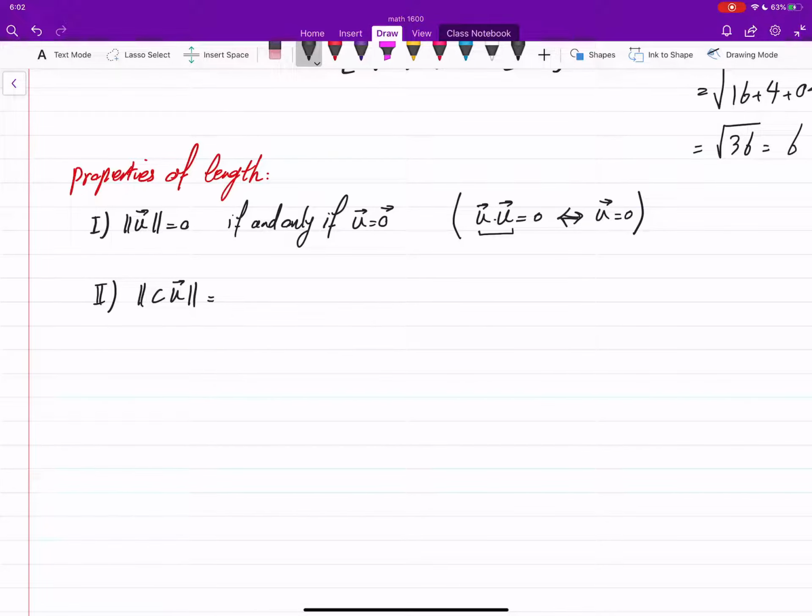When it comes to scalar multiplication, the length of cu is always c times the length of u if c is a positive number. If it is a negative number, you have to put the absolute value of c.